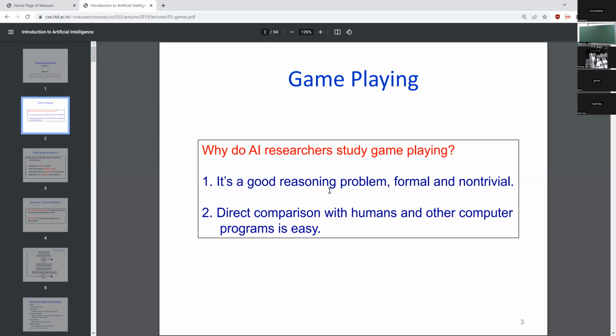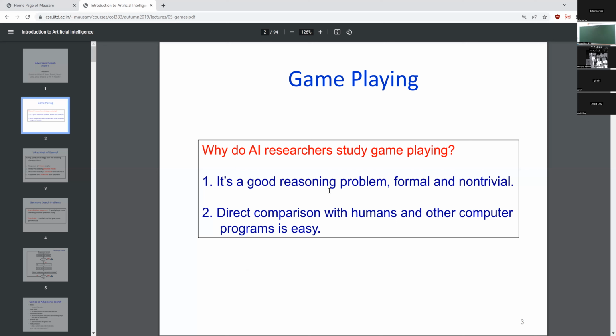There is an adversary who is going to play against your AI agent. And that's an adversarial agent because the purpose of that other agent is to defeat you. Right? That's the purpose.